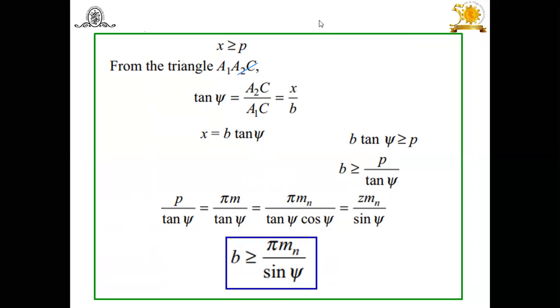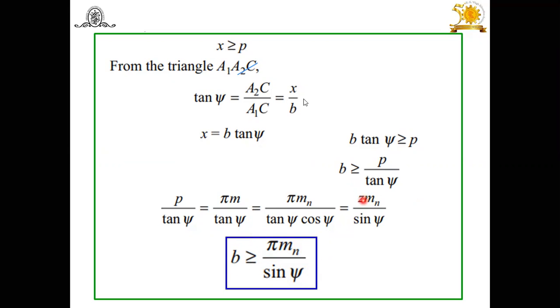I am going to write again here, this should be pi, try to understand. This should be pi, it's not a z. By mistake it's written as z. Pi into mn upon sin psi. I have written that b is greater than or equal to pi mn upon sin psi.